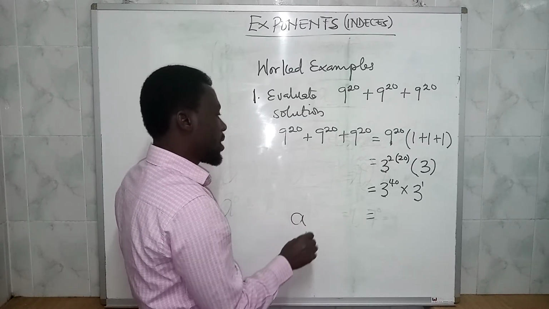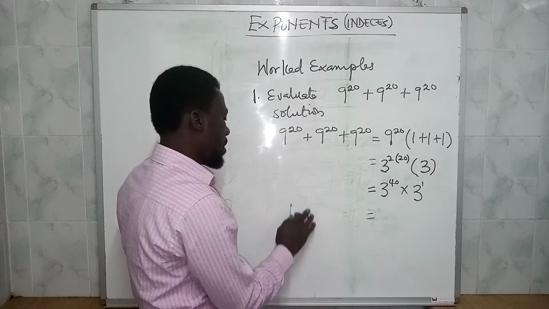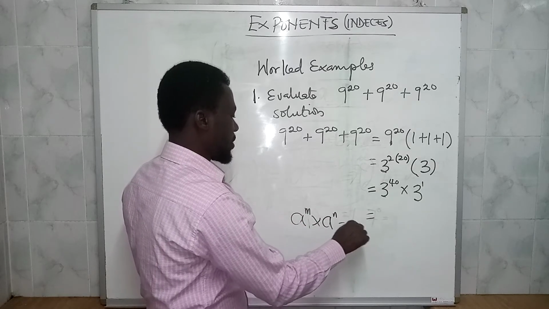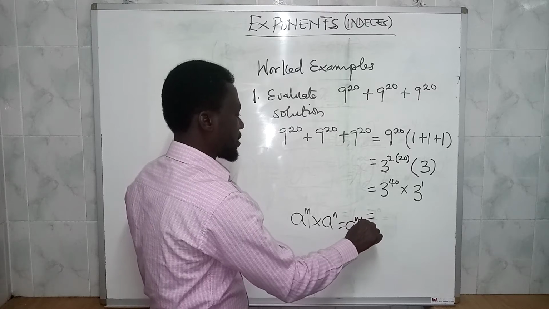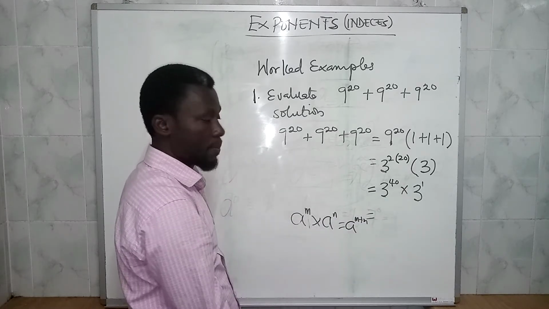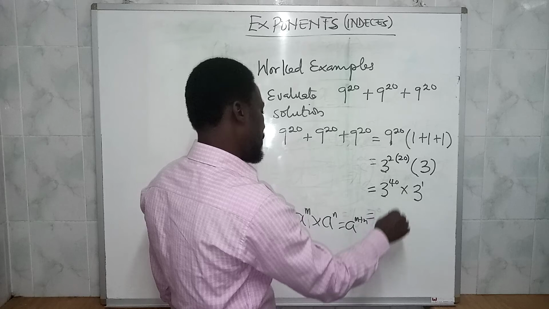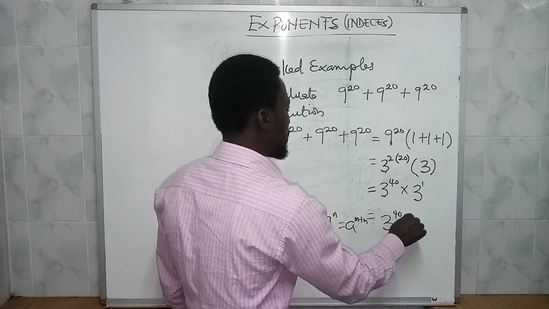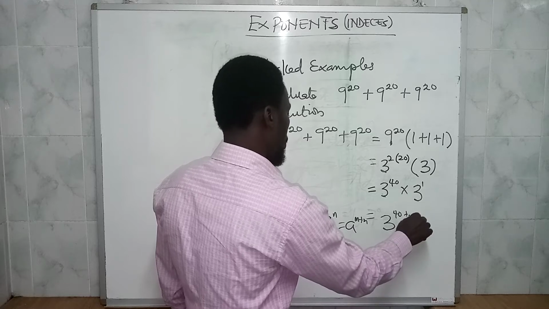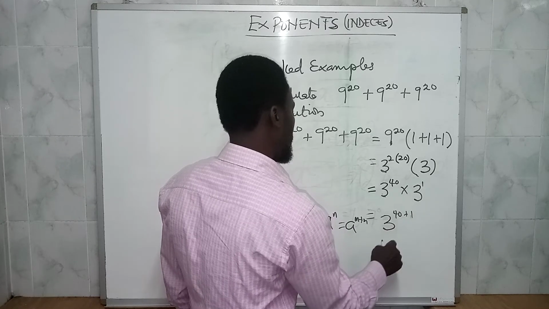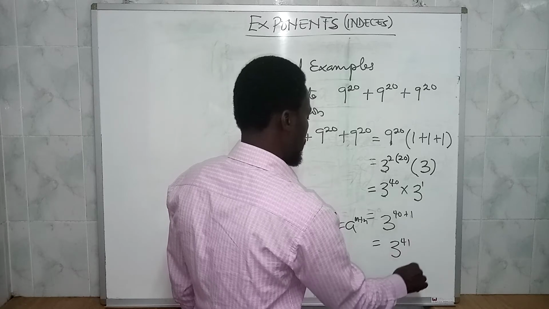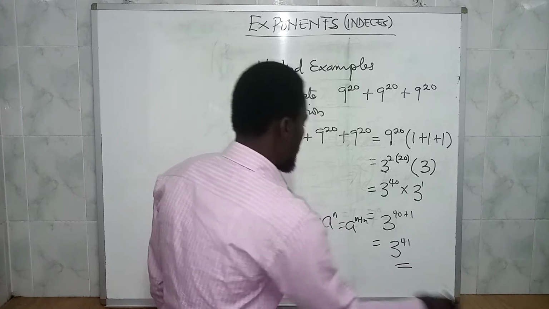We said that if we have a raised to the power m times a raised to the power n, the answer becomes a raised to the power m plus n. The same rule we are going to apply here. So this will be 3 raised to the power 40 plus 1. So the answer is equal to 3 raised to the power 41. So this is the answer.